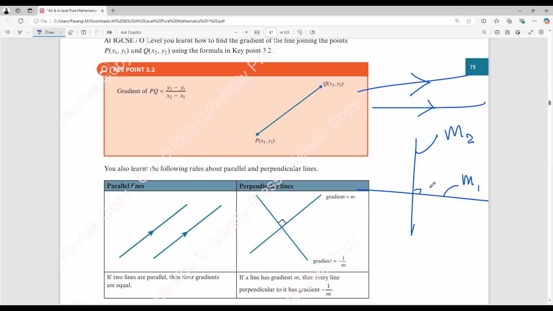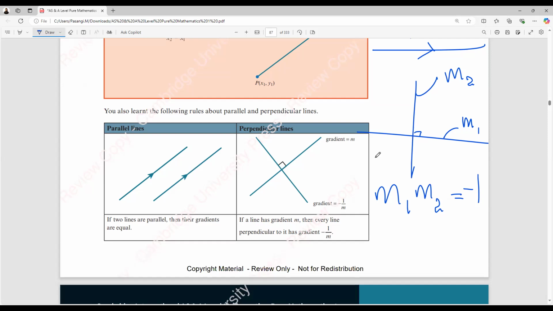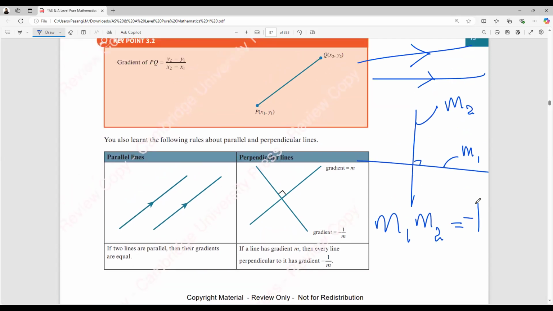If these two are perpendicular, then the multiplication of these two gradients should equal -1. So if two lines are parallel, their gradients are equal, m1 equals m2. If two lines are perpendicular, the product of the gradients should equal -1.